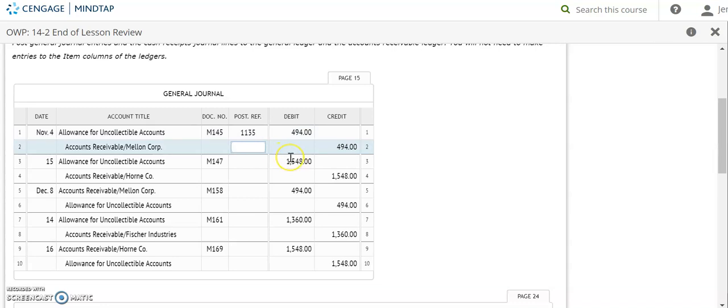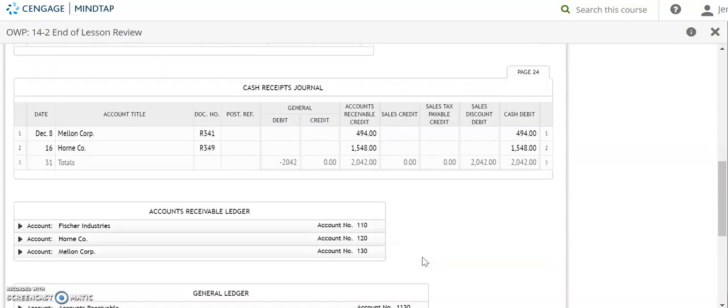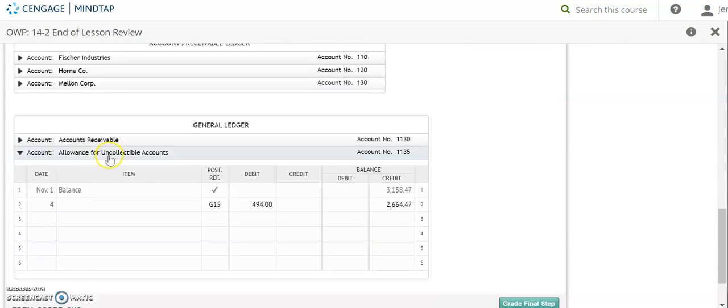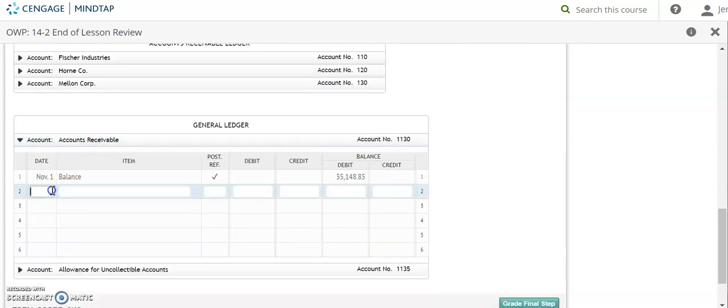Okay, next one, this is where I'm going to be posting this credit twice. I'm going to post it once to accounts receivable and once to Mellon Corporation. So I'm going to start with my accounts receivable. The date is the 4th. General Journal, page 15, so G15, and I'm crediting for $494. I'm going to find my new balance.